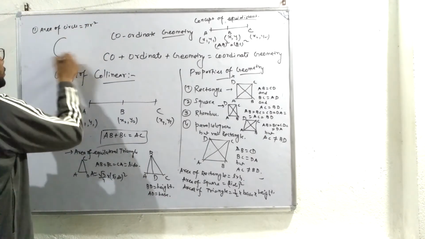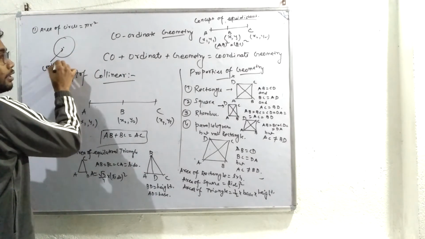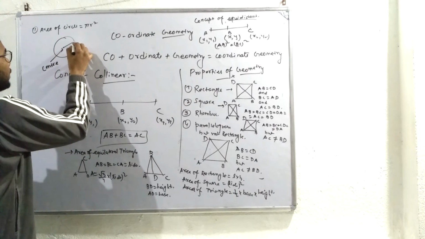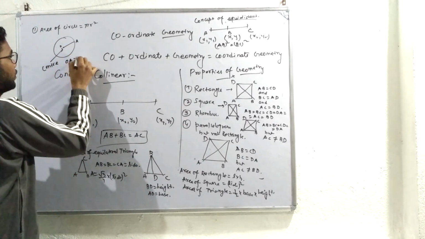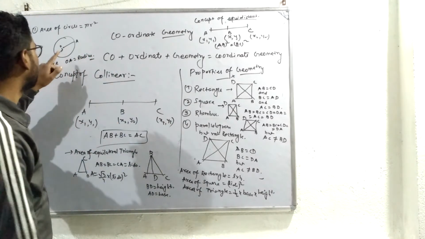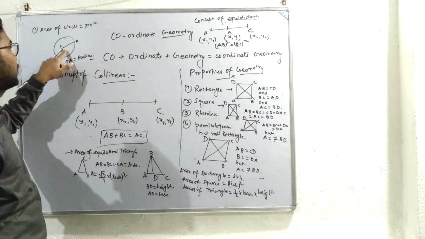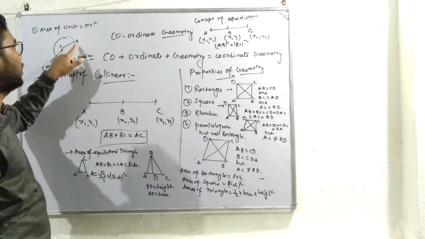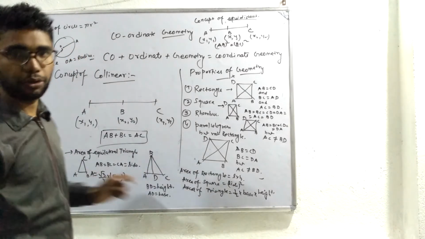This is the center of the circle, and the distance from the center to the point A represents the radius of the circle. Okay, thank you very much.